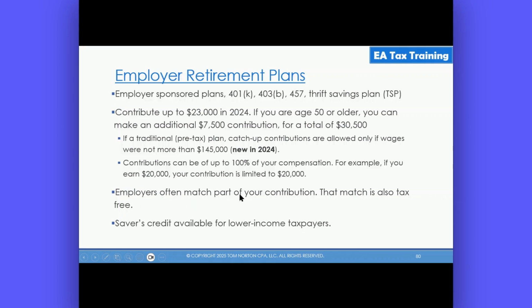So if you put some money into your 401k, your employer may match it. Those matching contributions are also tax free, so it makes these employer retirement plans that much more attractive. And then also for lower and middle income taxpayers, you can possibly get that savers credit that we talked about for making contributions to these plans.